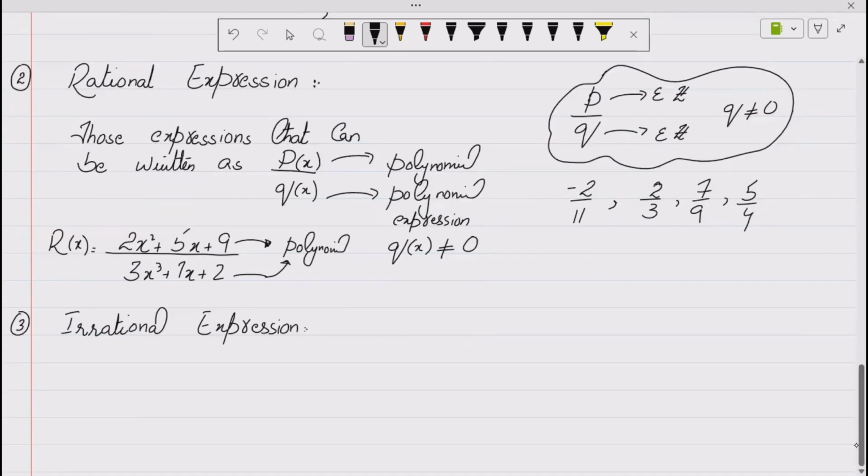For this, always remember the definition of irrational numbers.